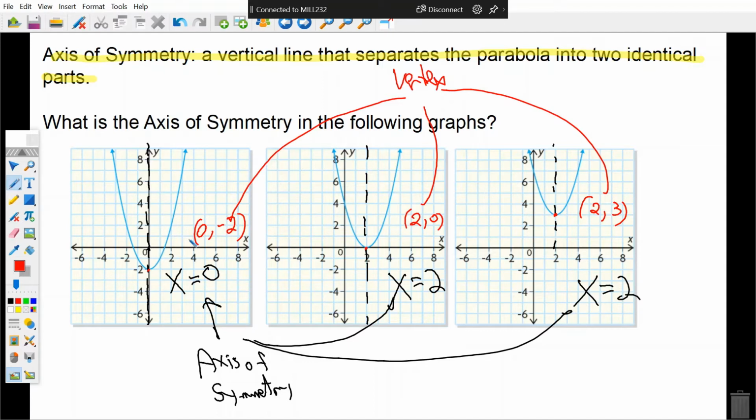You may see, hopefully you did, that the x value of the vertex is always equal to what the axis of symmetry is.